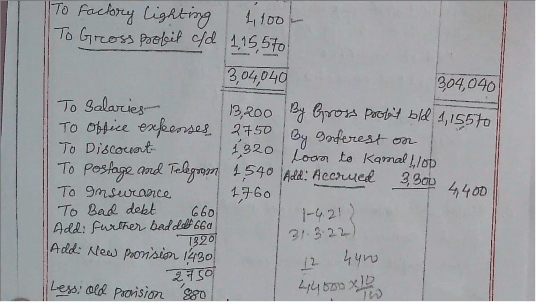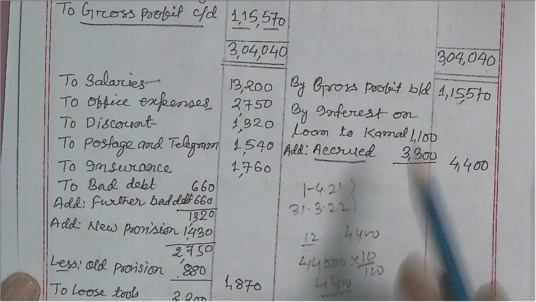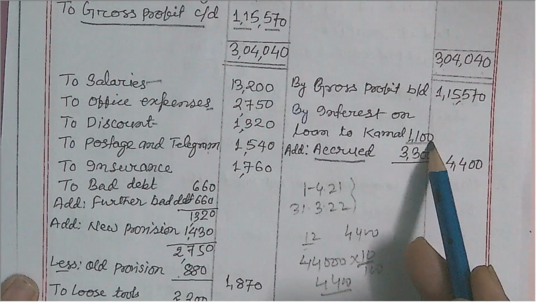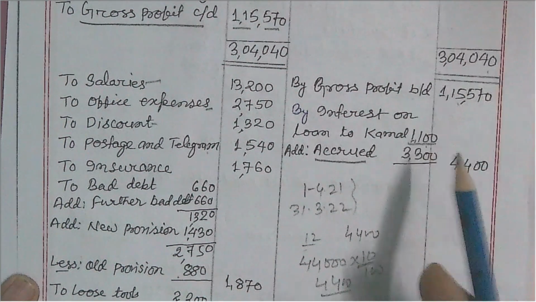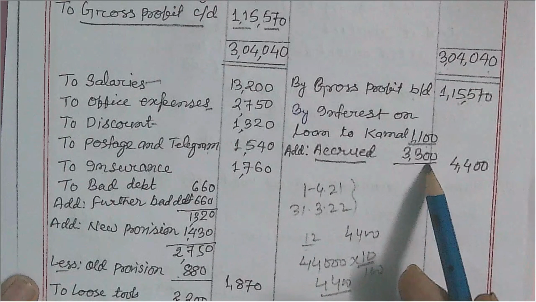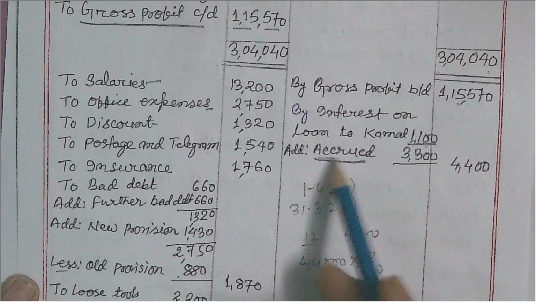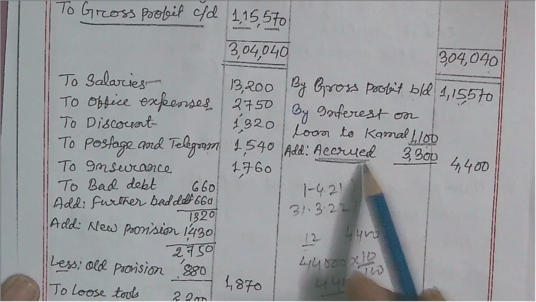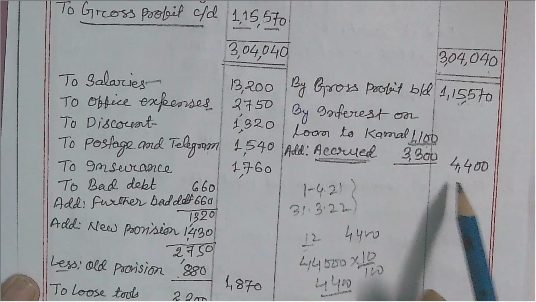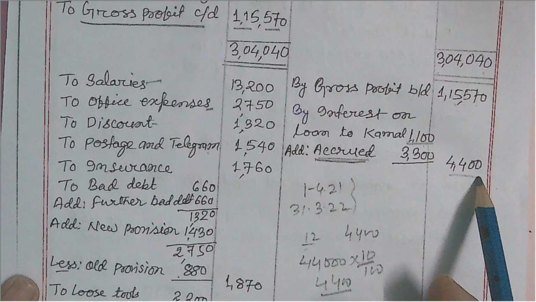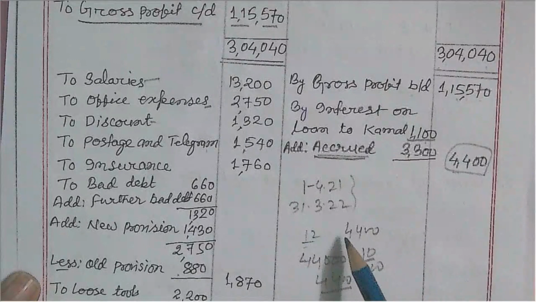So 4,400. Out of 4,400, in the trial balance it is appearing 1,100. This 1,100 amount is already received, and the remaining 3,300 rupees is due, not yet received, accrued. So the total amount of the whole year income in the name of interest is 4,400.